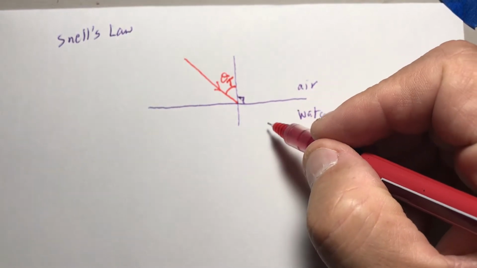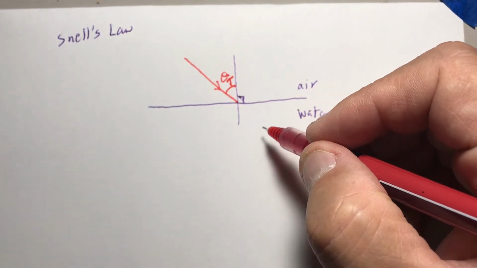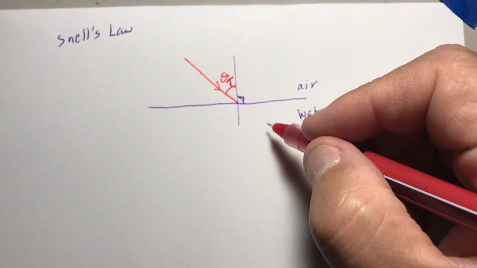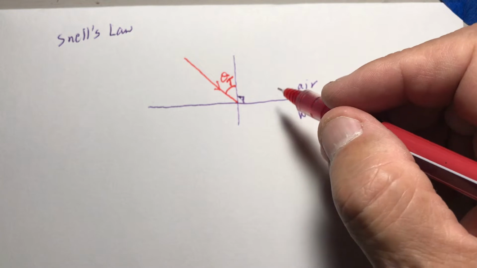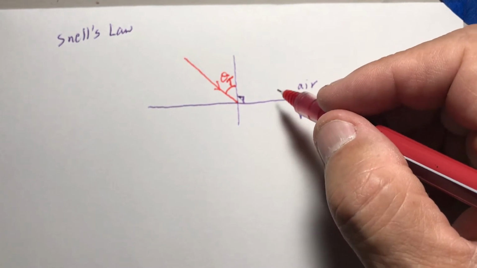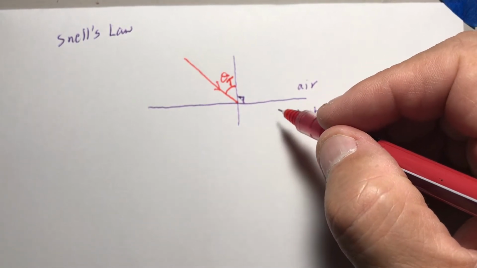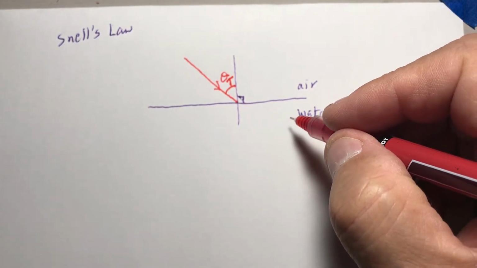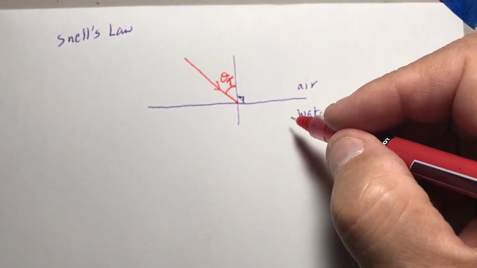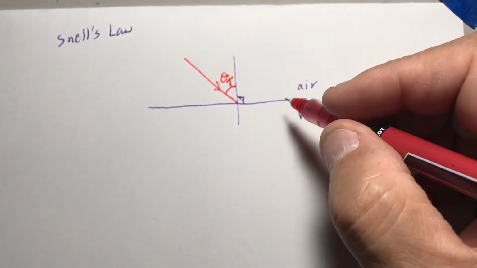But when this beam enters the water, the density is higher than air. The air density is about 1.26 kilogram per meter cube. But the density of fresh or clean water is about 1,000 kilogram per meter cube.